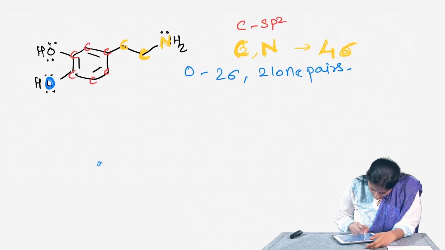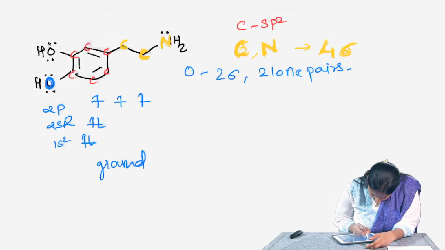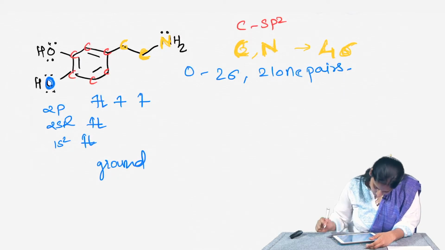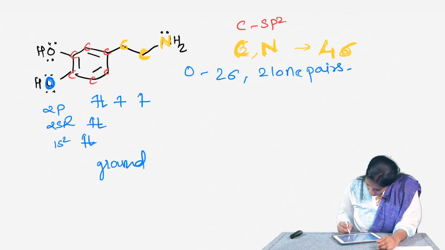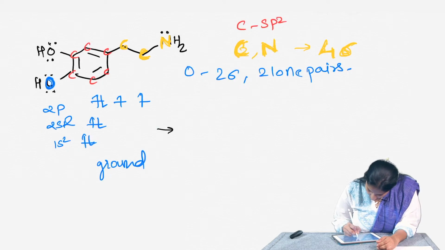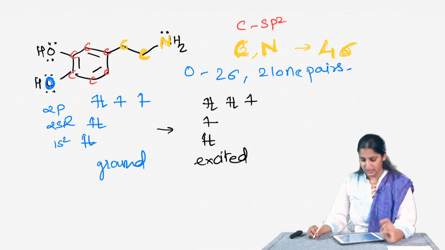We have the ground state configuration as 1s2, 2s2, 2p4, right, that is the ground state electronic configuration. Now, I will draw the excited state electronic configuration, and that is 1s2, 2s1, right, something like this.